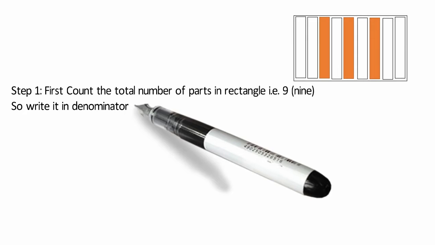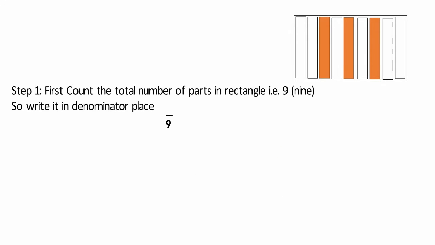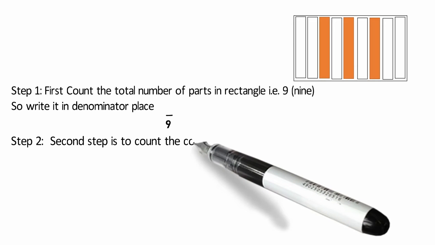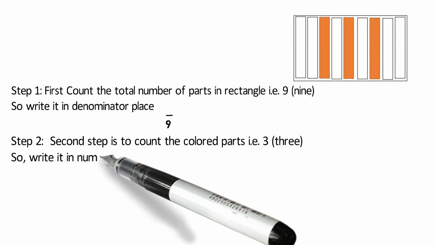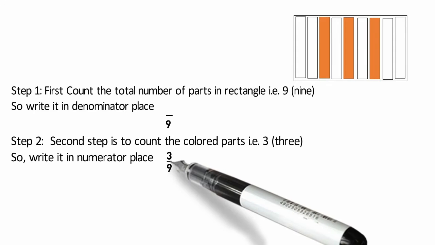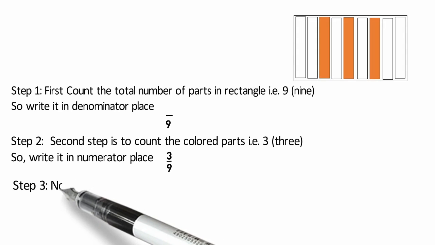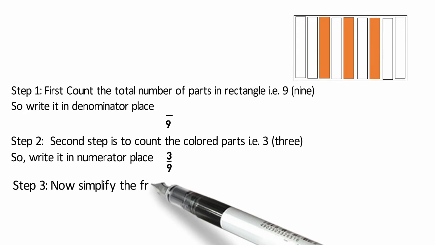So write it in the denominator place. Step 2. The second step is to count the colored parts, i.e. 3. So, write it in the numerator place. Step 3. Now simplify the fraction.